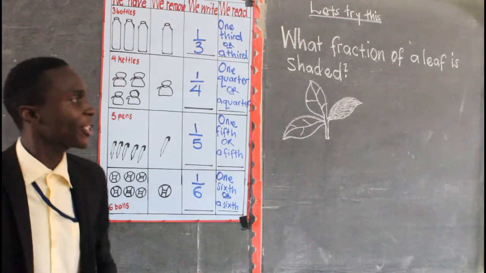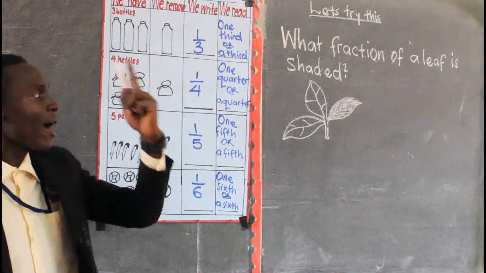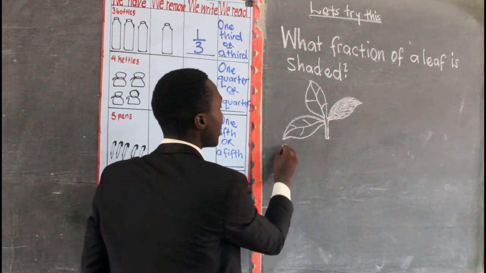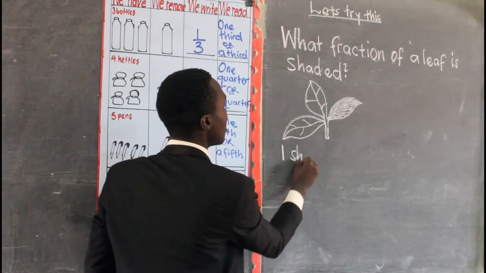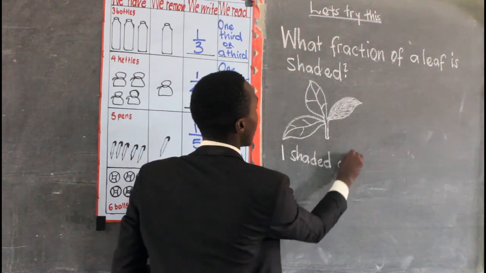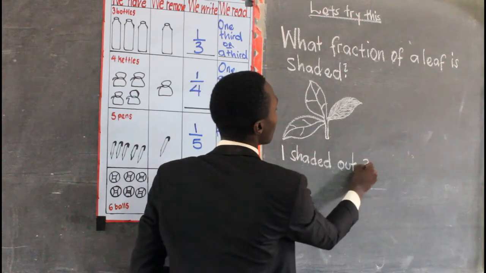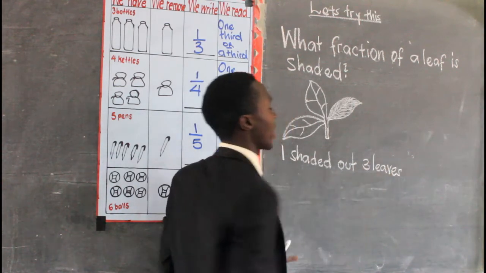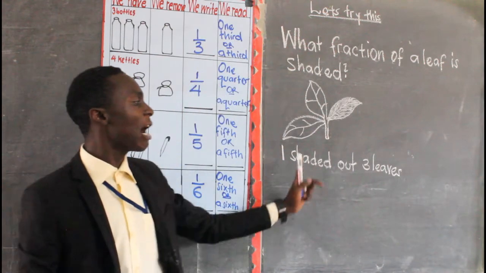How many leaves are shaded? They shaded only 1 leaf. So you can say 1 leaf is shaded out of 3 leaves.